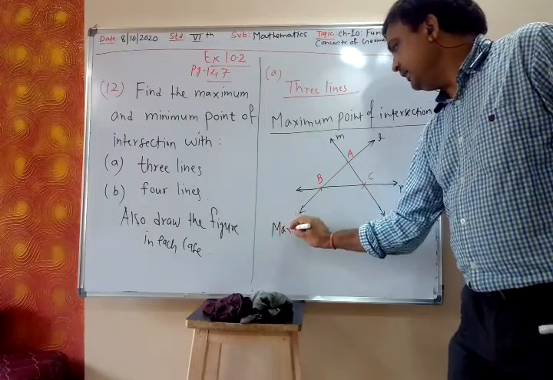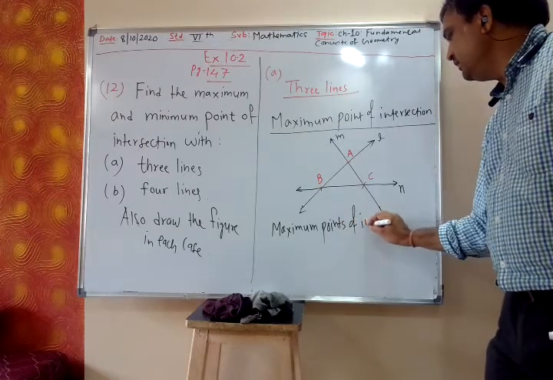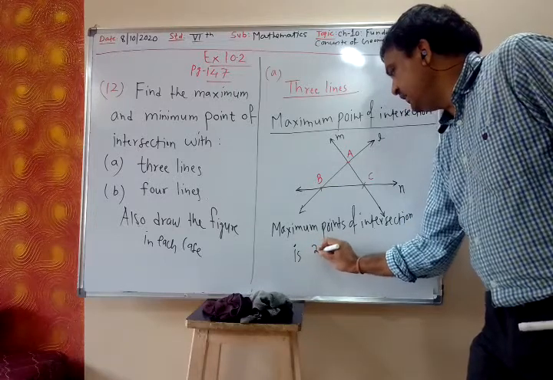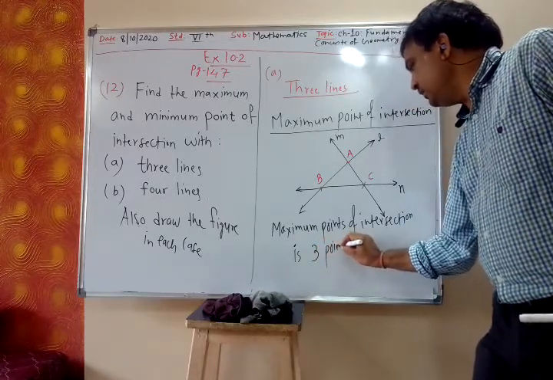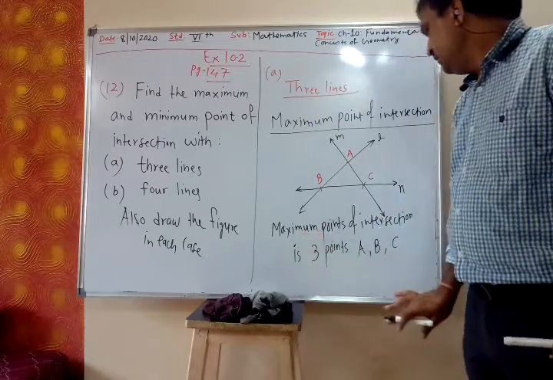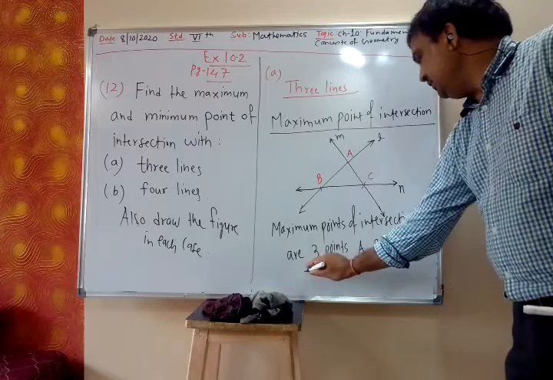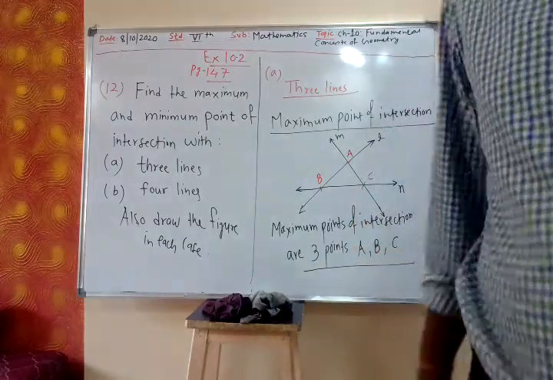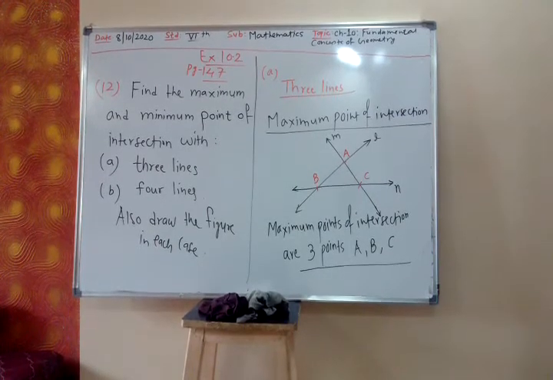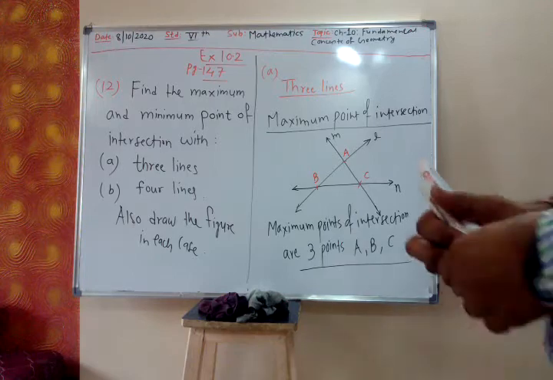Maximum points of intersection are 3 points, that is A, B, C. When 3 lines intersect each other, the maximum point of intersection is 3.